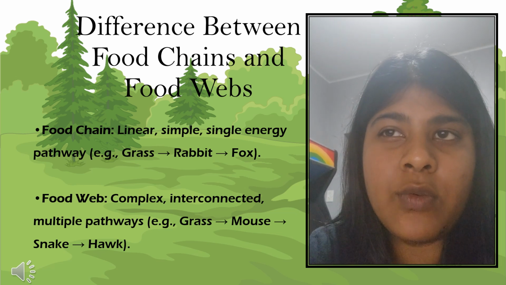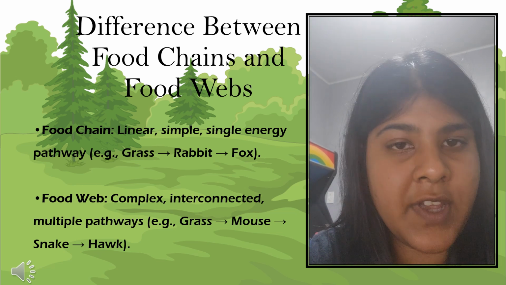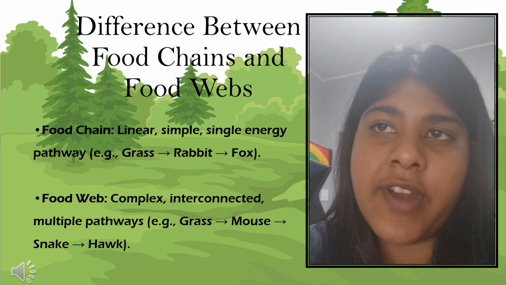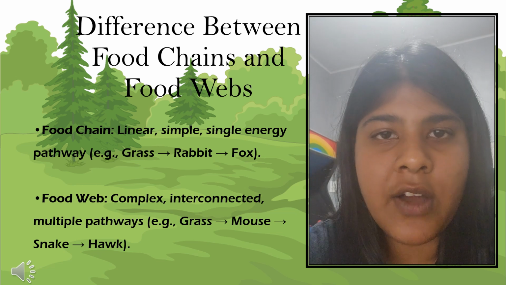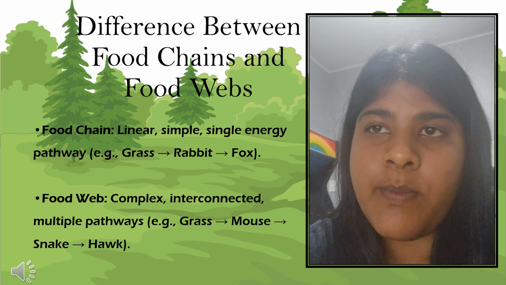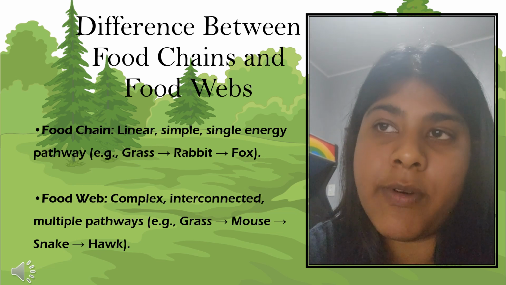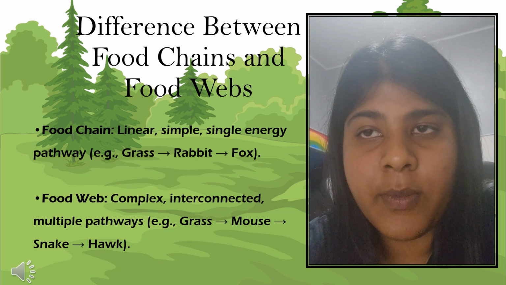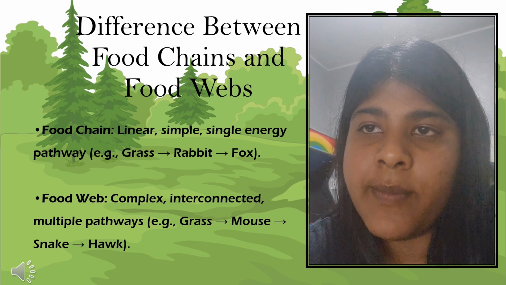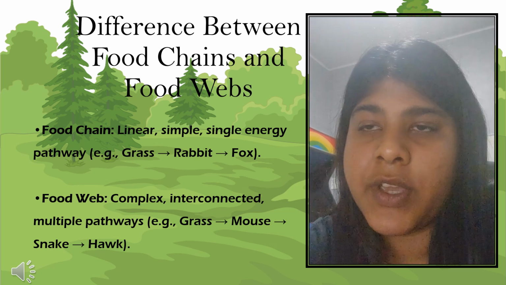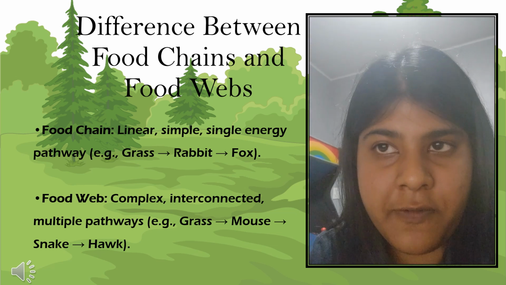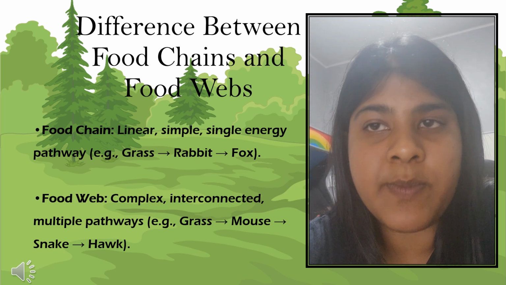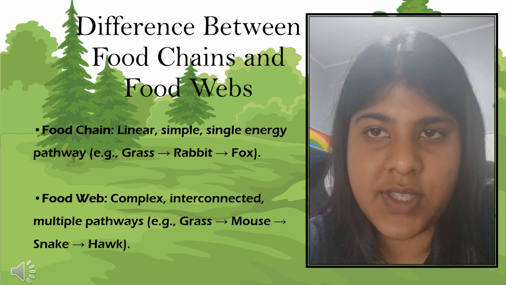Food webs include many organisms at various trophic levels and represent a diversity of interactions within an ecosystem, accounting for the fact that many animals eat more than one type of food and have multiple predators. Food webs are more complex and realistic because they capture the multitude of feeding relationships in an ecosystem, reflecting the interdependence of different species.